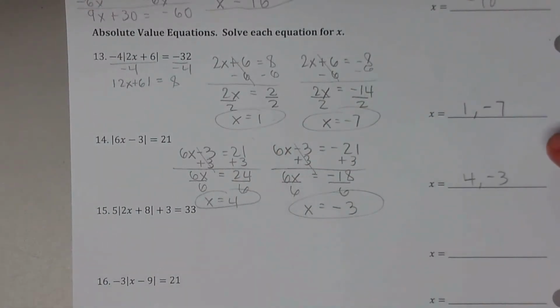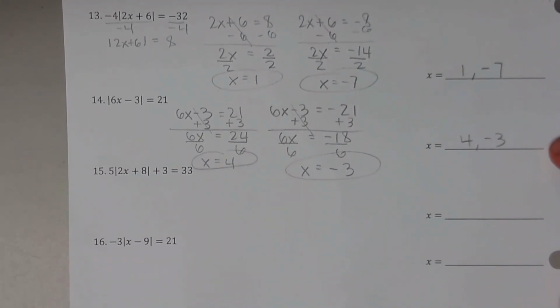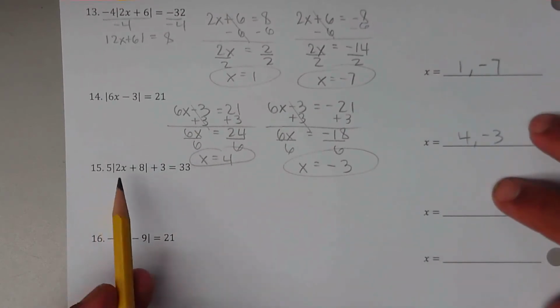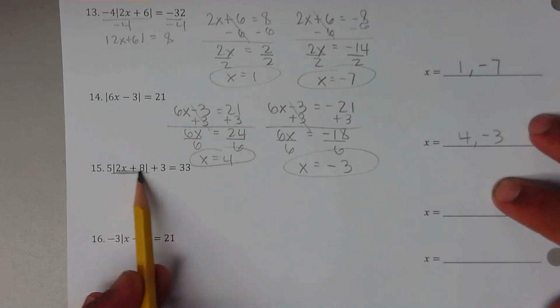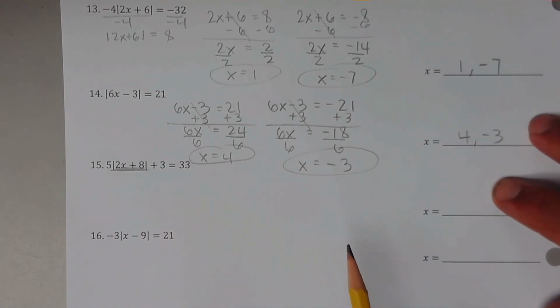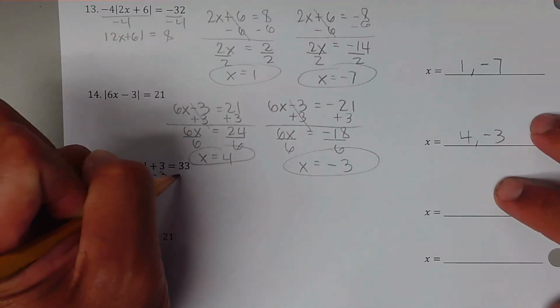All right, question number 15. We want to get our absolute value by itself, right? So first, we have to subtract 3. We have to get rid of this, so we subtract 3 from both sides.